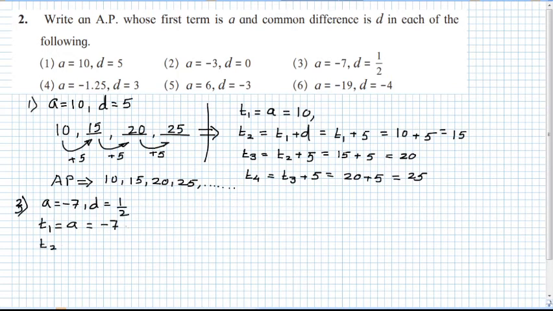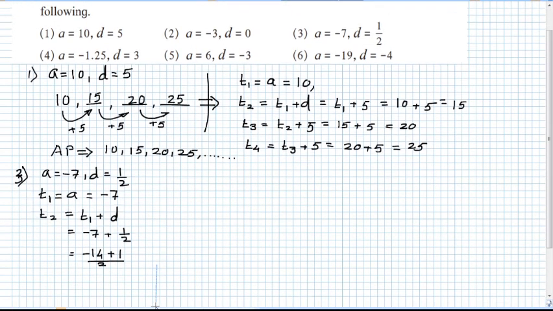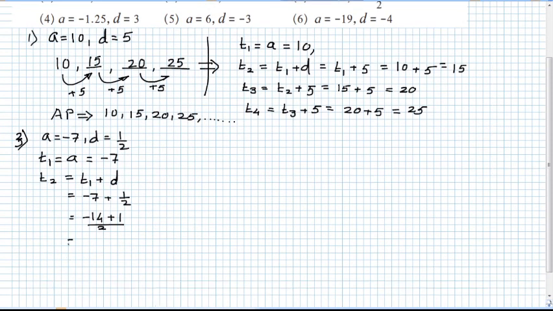And sorry, D is given. D is given half. So T2 is what now? T1 plus D. That is what now? T1 is minus 7 plus half. Okay, that is what now? Minus 14 plus 1 upon 2. Okay. So that will be what now? Minus 13 upon 2. That will be T2. Okay.